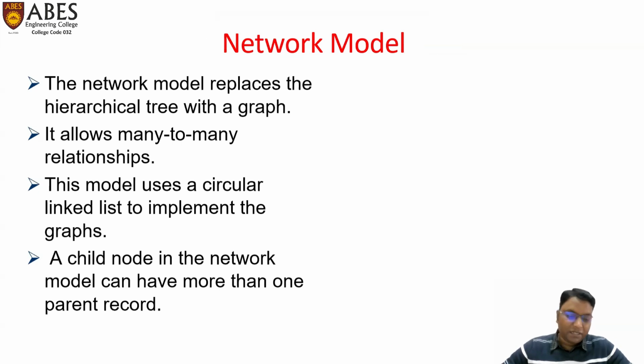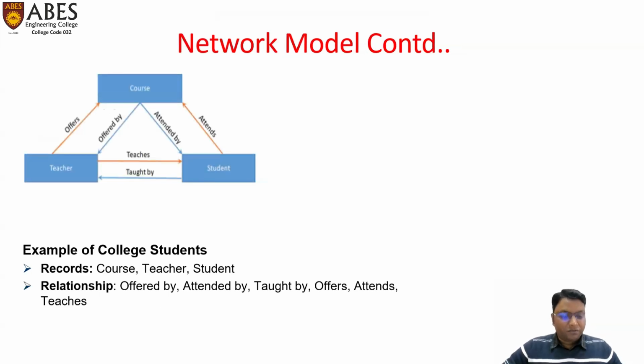For example, in a college student record, relationships can be represented as courses offered by a teacher, as you see in the given diagram: courses offered by a teacher, courses attended by a student, students taught by a faculty member. This kind of relation is known as the network model.